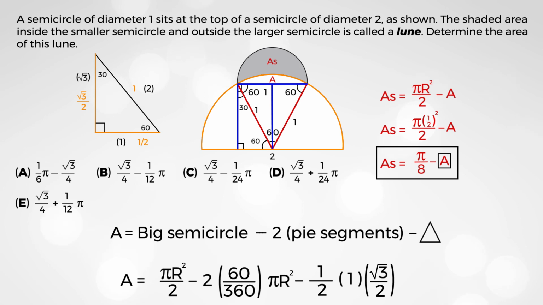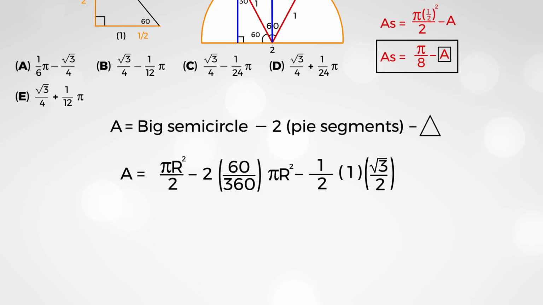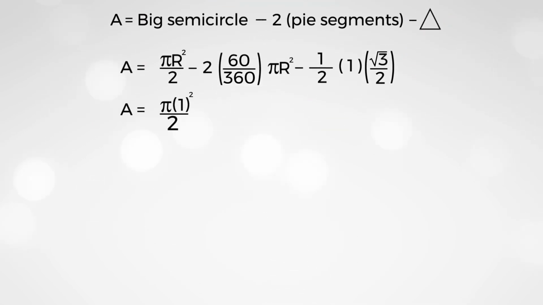Now I just have to plug in the radii. The radius of the semicircle is 1, since the diameter is 2. And this 60/360 becomes 1/6. And just put 1 for the radius right there. √3/4. And there you go. You've got A. So let's simplify this a little bit.